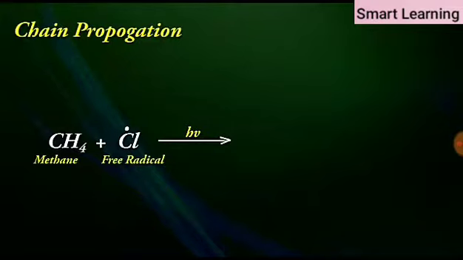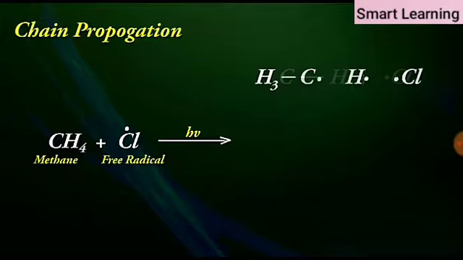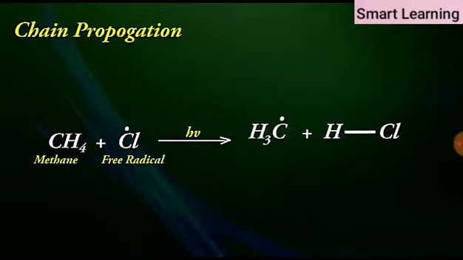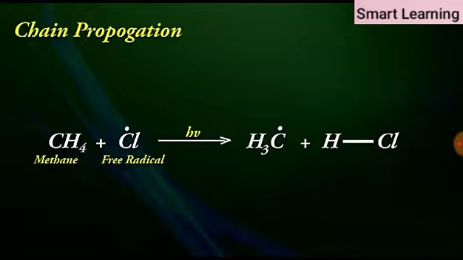Chlorine-free radical attacks the methane molecule and takes the reaction in the forward direction by breaking the CH bond to generate methyl-free radical with the formation of HCl. The reaction is as shown.